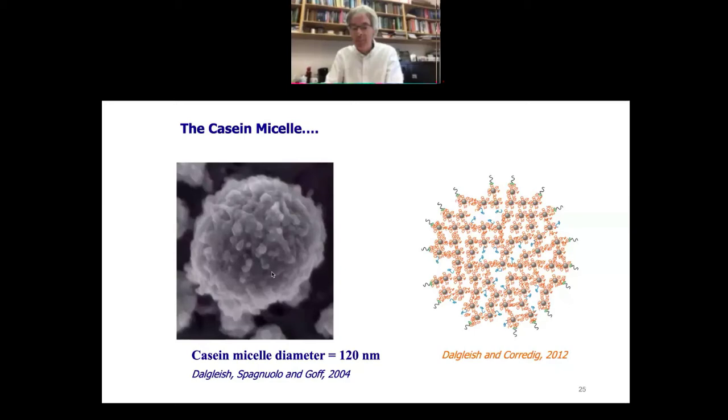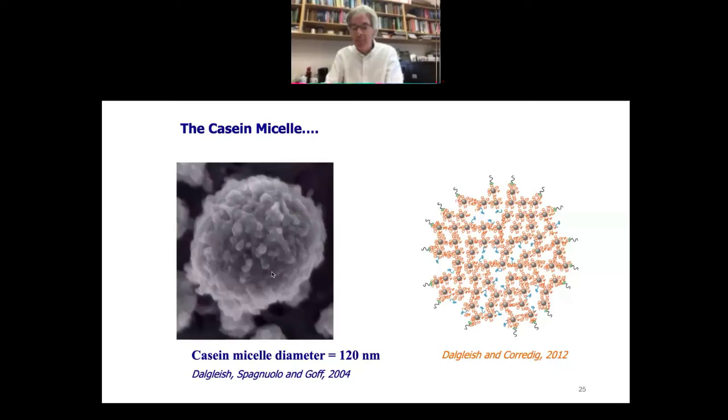So this is structurally what a casein micelle would look like. When you look at it under an electron microscope, it's got this kind of a raspberry-like, sort of a heterogeneous structure of dense regions and less dense regions.